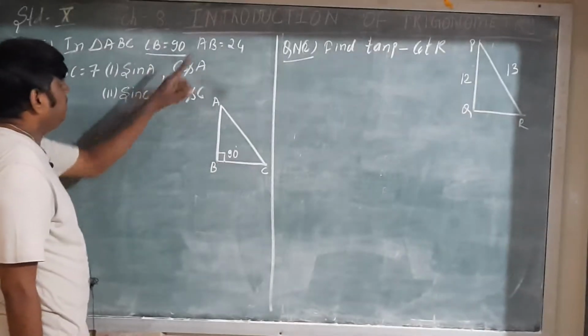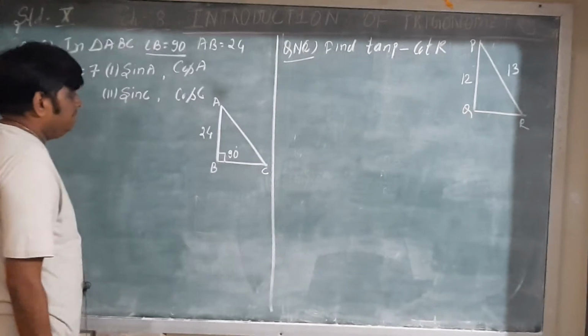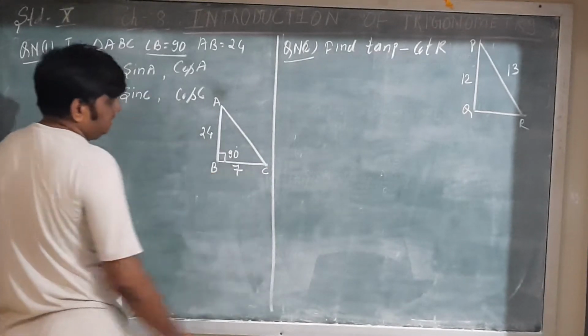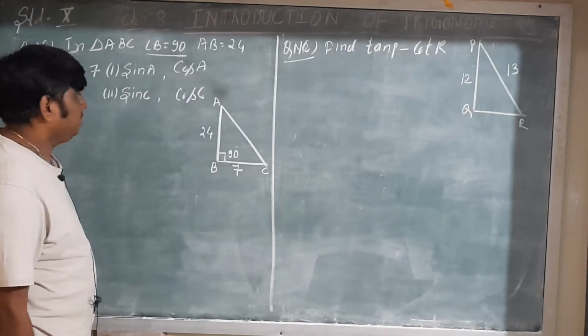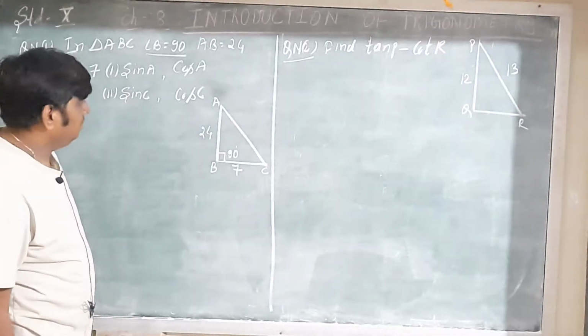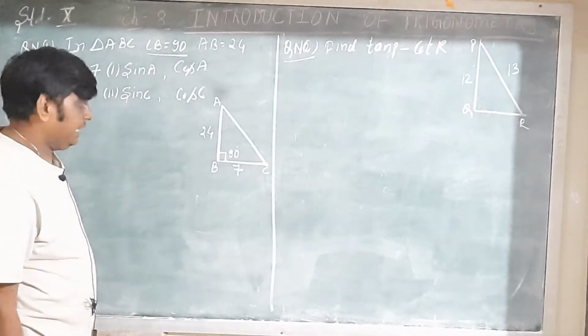Given the values AB equals 24 and BC is 7. Now we find sin A, cos A, sin C, cos C. We will find these four values using this diagram.